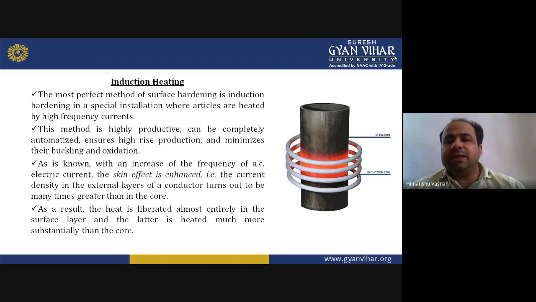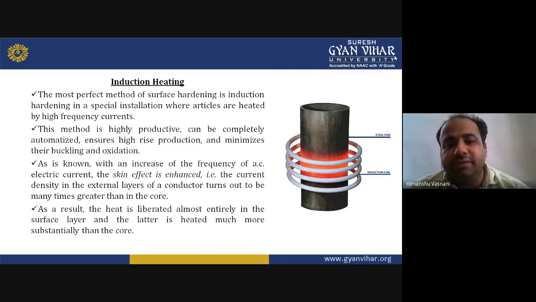You can see in the diagram a steel pipe and how an induction coil is there around the steel pipe, and how heating is done at a particular portion of the steel pipe. This method is highly productive in nature and can be completely automatized, ensures a high rise in production, and minimizes buckling and oxidation.